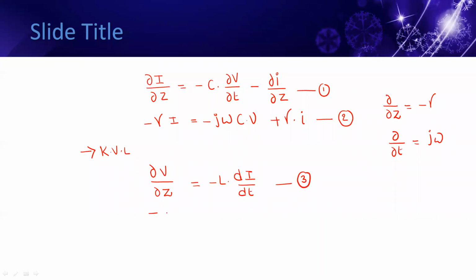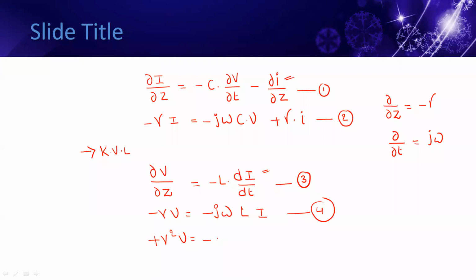Similarly, the simplified expression equals minus j omega L I. So when we eliminate the current term in these two equations, the net equation is formulated by substituting the above.